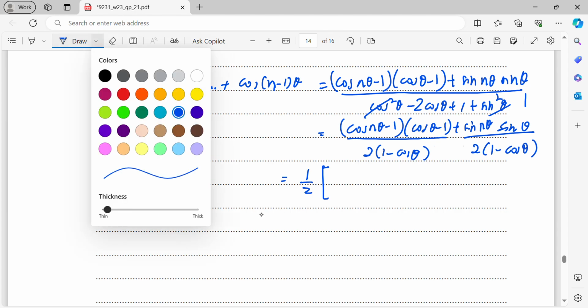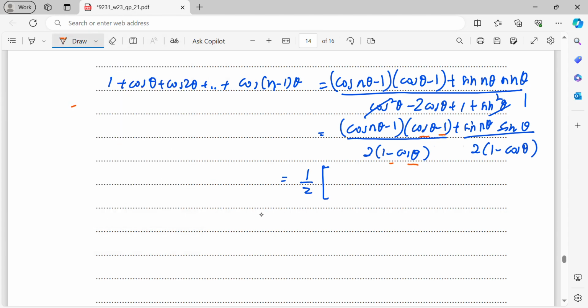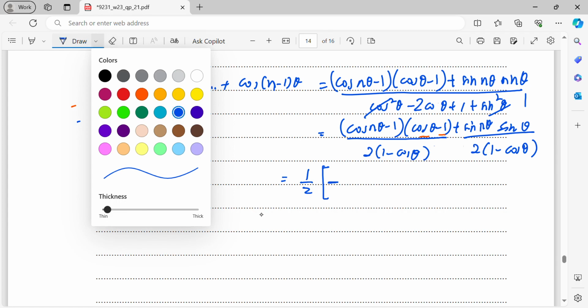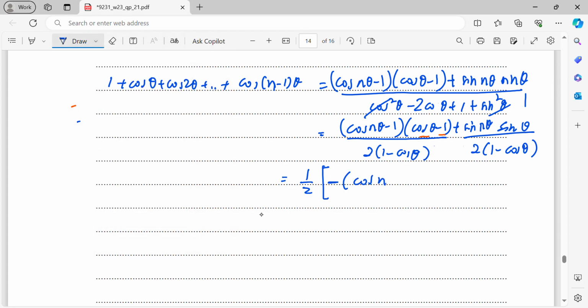Alright, so then when you look at here, this is cos theta minus 1, this 1 minus cos. So when I cancel, I still have the minus outside. Right? Once I factorize a negative, that means it will be negative. So after I factorize negative, it will be negative of cos n theta minus 1, then plus sin n theta sin theta, then over 1 minus cos theta.